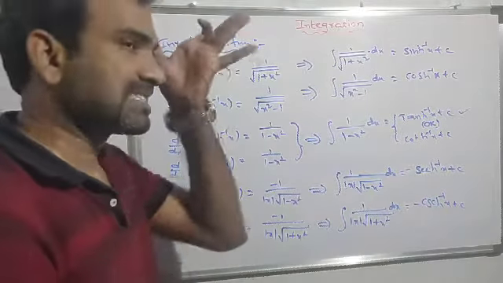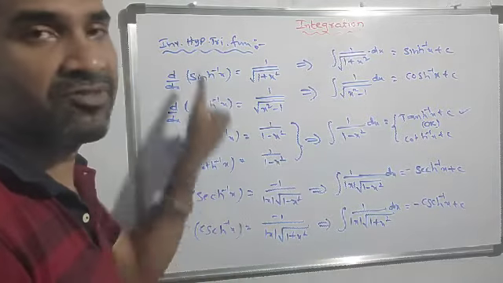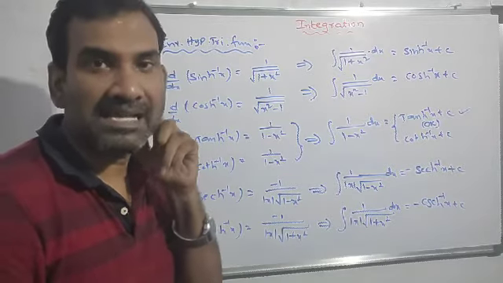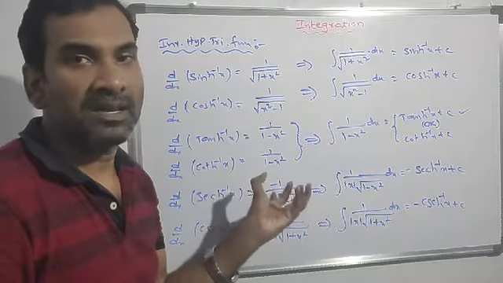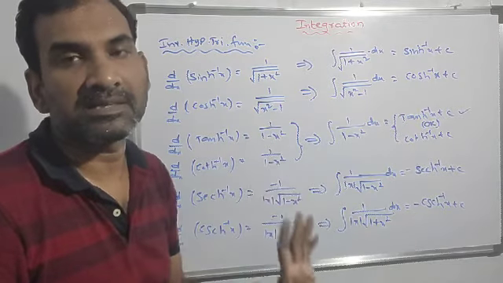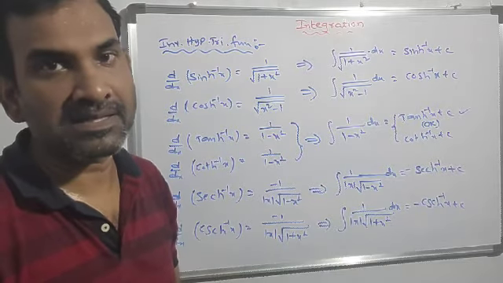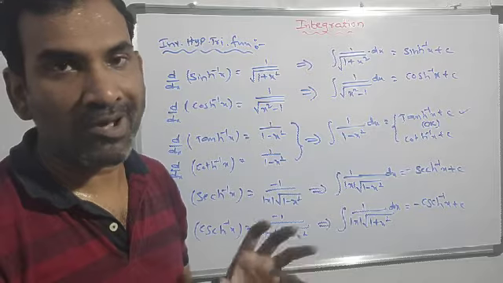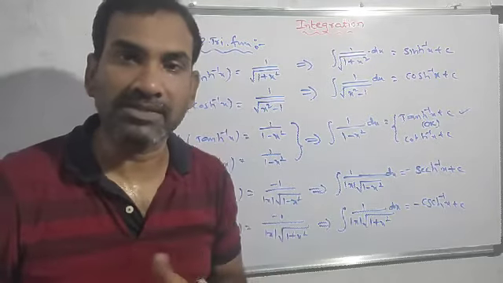Already we discussed that those who have a good idea of the differentiation formulas can easily write the integration formulas also. Those who have doubts in this will surely make mistakes in the integration formulas and standard results. So you have to have a good command of the differentiation and standard formulas.